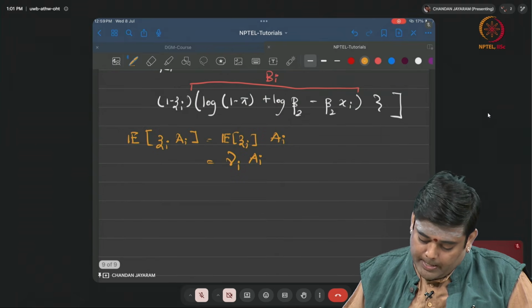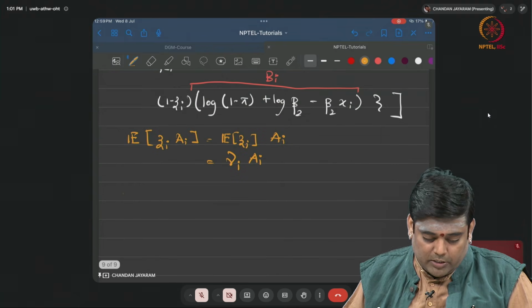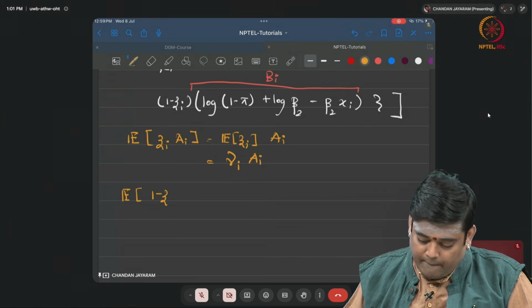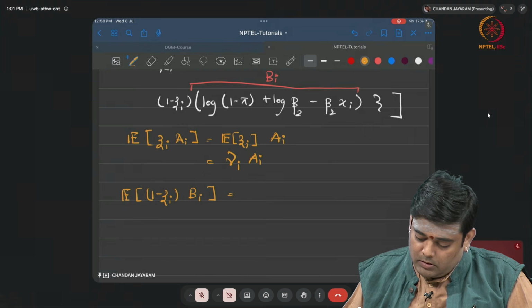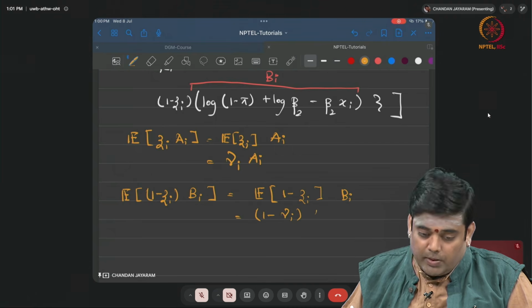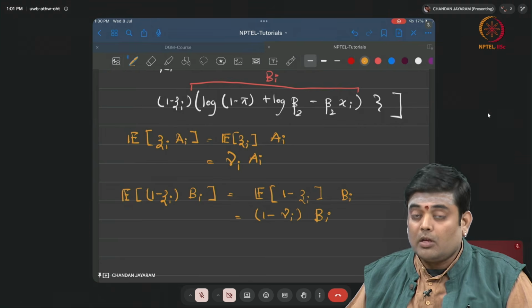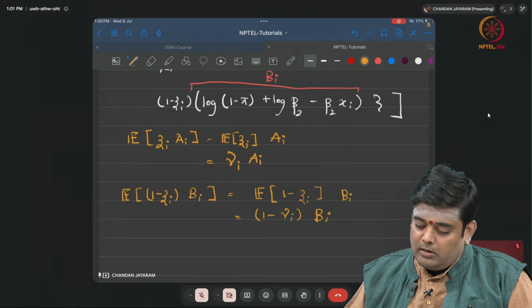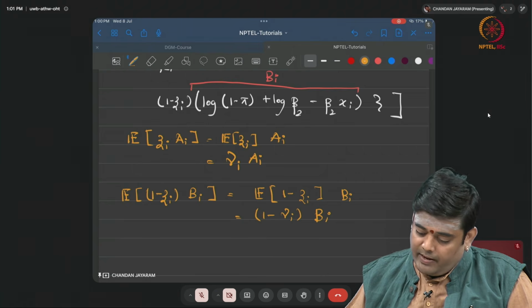Now similarly expectation of 1 minus zi into bi. We already know this also, this is 1 minus the coefficient into bi. Okay. Now using these, you take all those expectations inside.